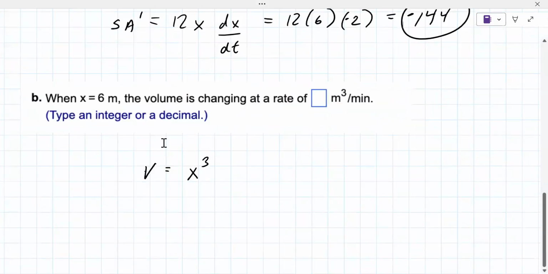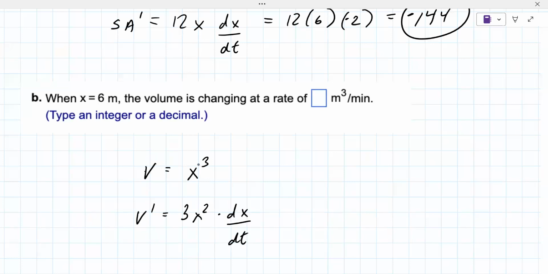Now the volume, it's x times x times x or x cubed. So this time v prime or dv dt is 3x squared times dx dt. So again, x is 6, the dx dt is -2. That's the rate of change of the side.